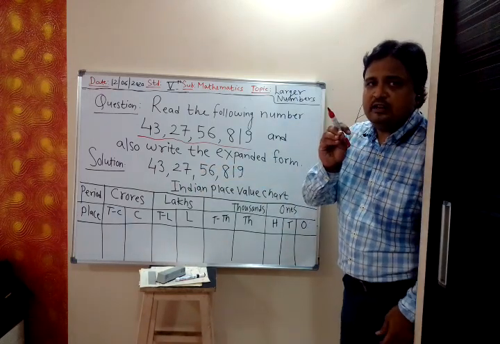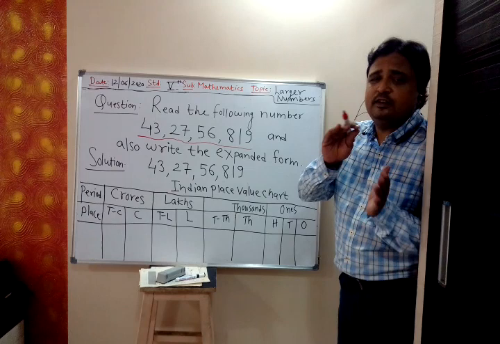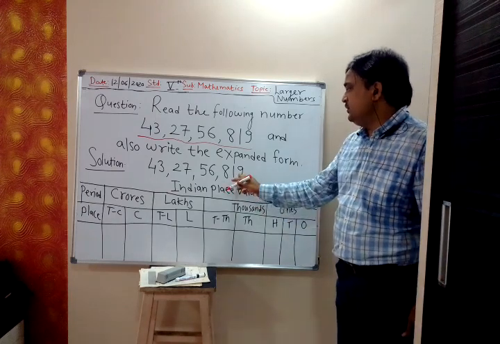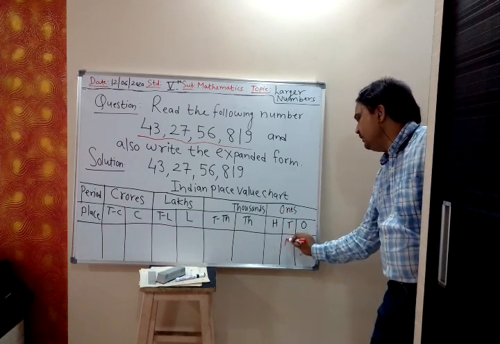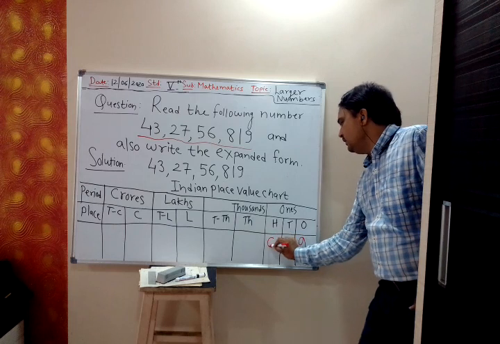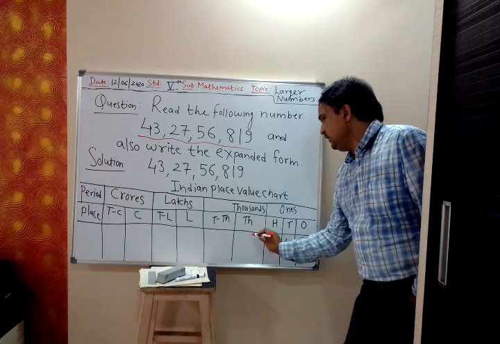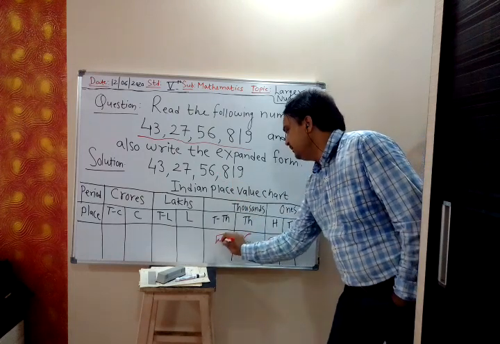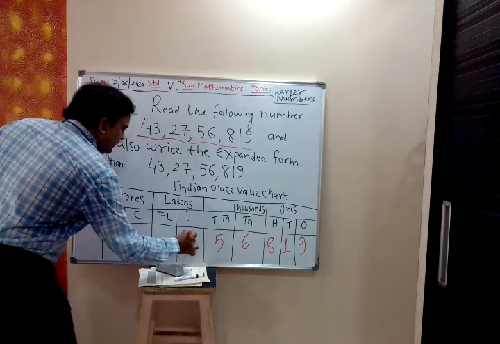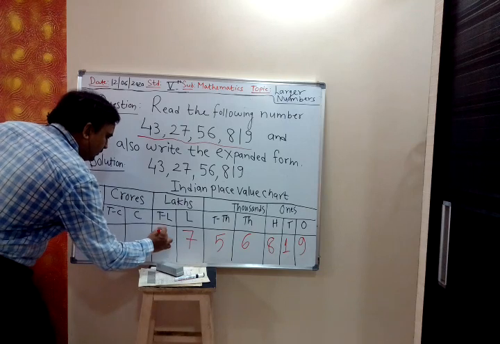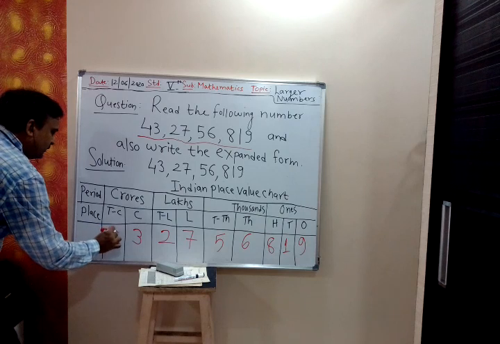For reading and writing in the expanded form, you have to first place that number in the Indian place value chart. Ones 9, then tens 1, then 8, then 5, 6, 7, 2, 3, 4.